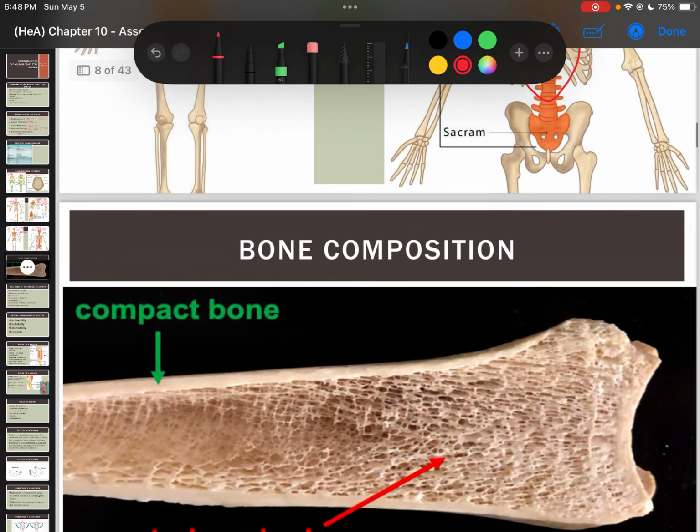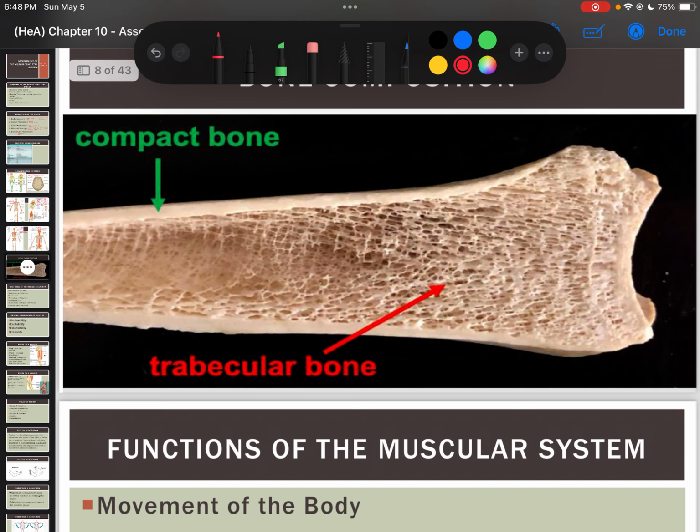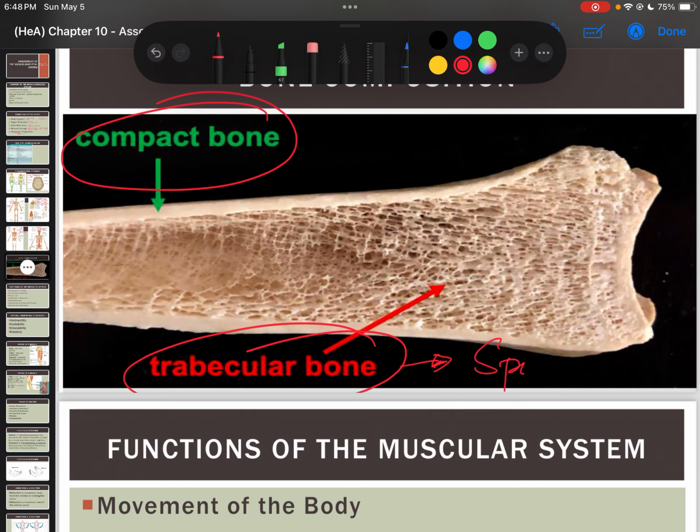Next, bone composition. Our bone is composed of compact bone and trabecular bone. Trabecular bone is also known as your spongy bone. Compact bone, class, is very hard and dense. Usually, this is the outer layer of our bones.